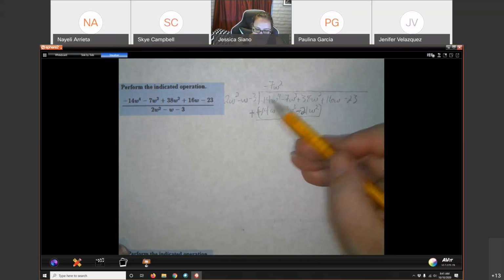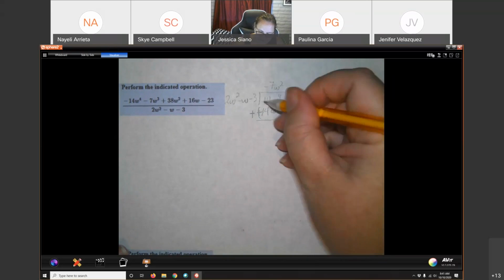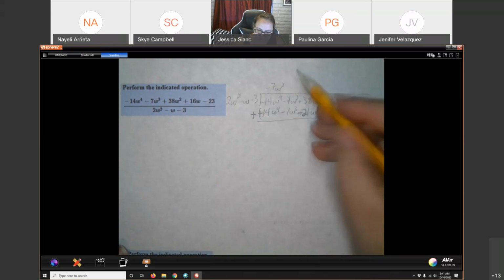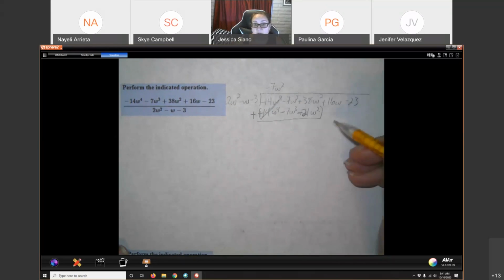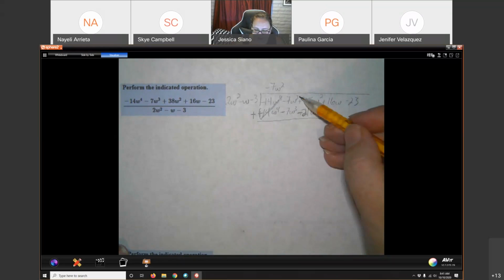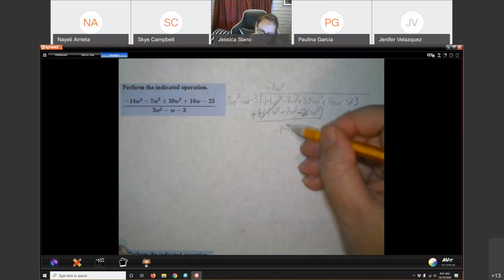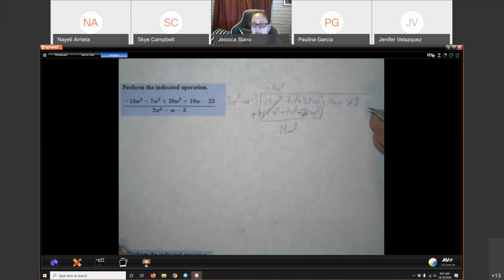So here we have 14w to the 4th plus a negative 14w to the 4th. They'll cancel. Then we have a negative 7w to the 3rd minus 7w to the 3rd. That's going to be a negative 14w to the 3rd.